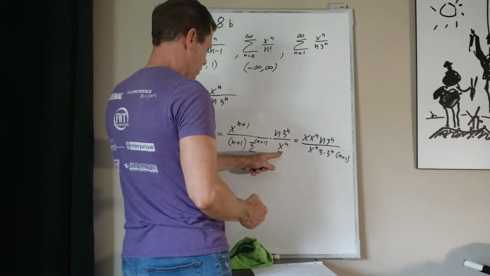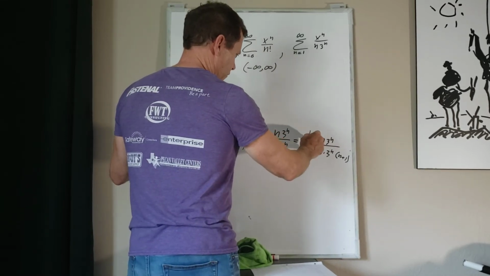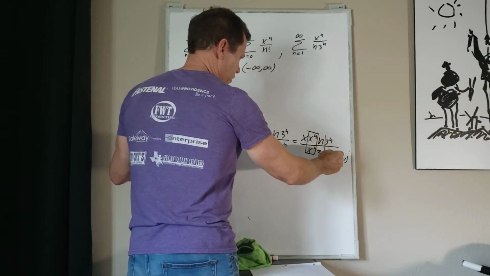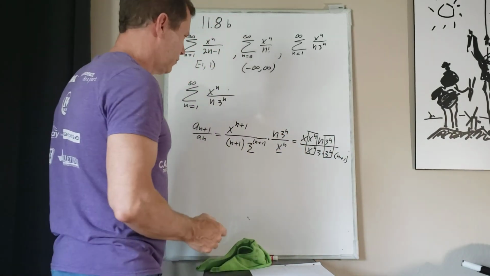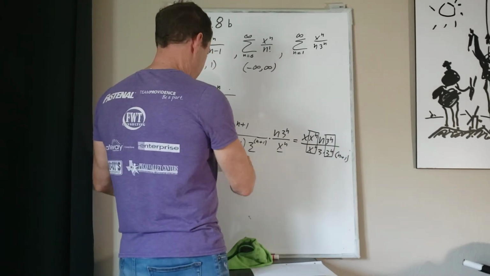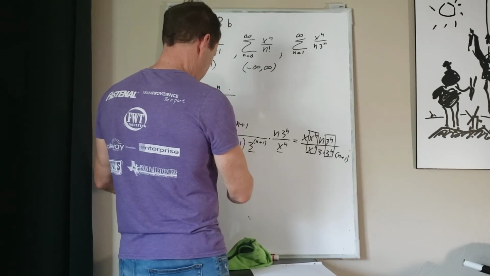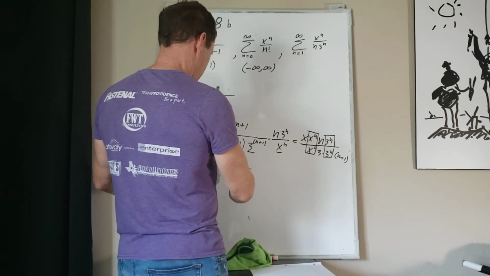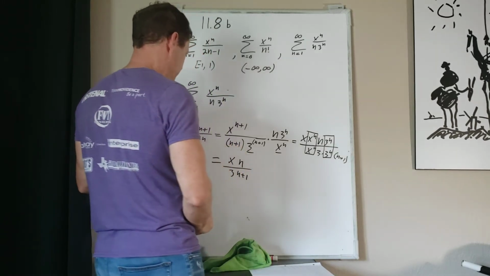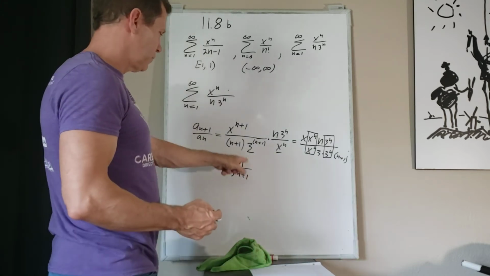Forgot something. 1 term, 2 terms, 3 terms. I think I got everything. And if you notice this right here, that turns into a 1. This right here, that turns into a 1. So what's left over? You got x on top, you got an n on top, you got a 3 on bottom, and you got an n plus 1 on bottom. Okay, so a n plus 1 over a n simplifies down to this.